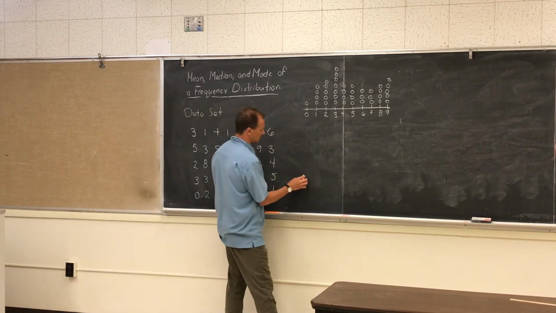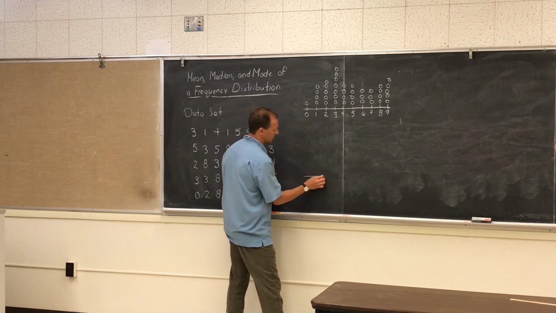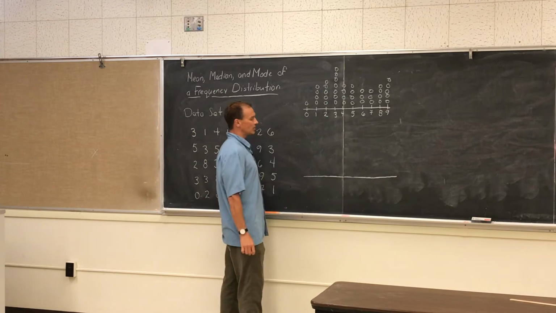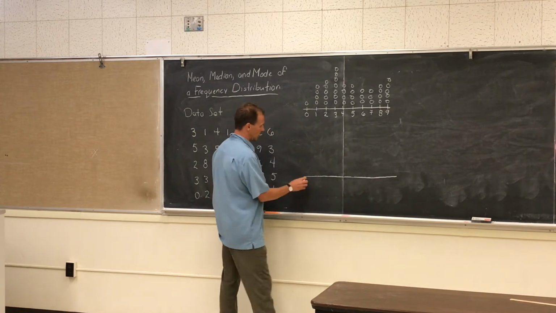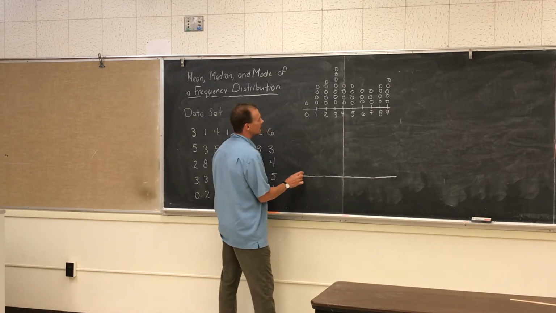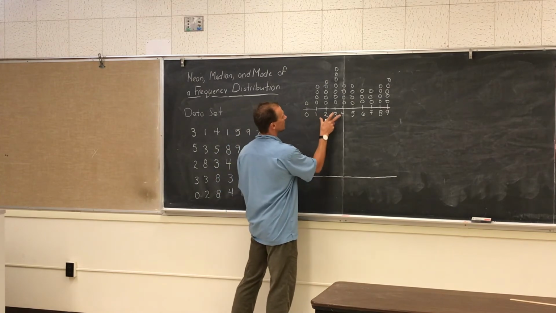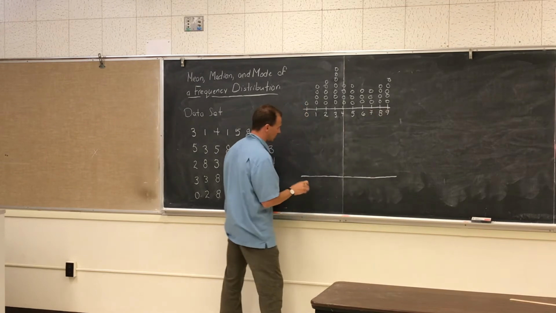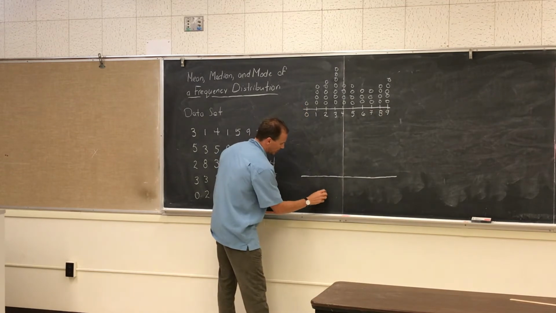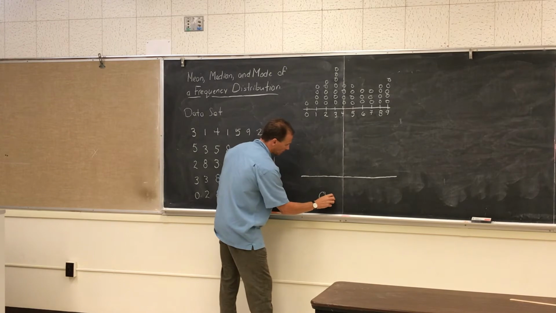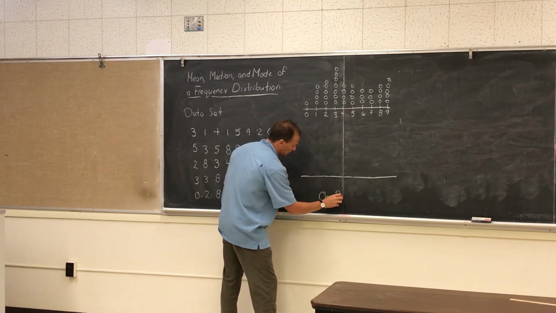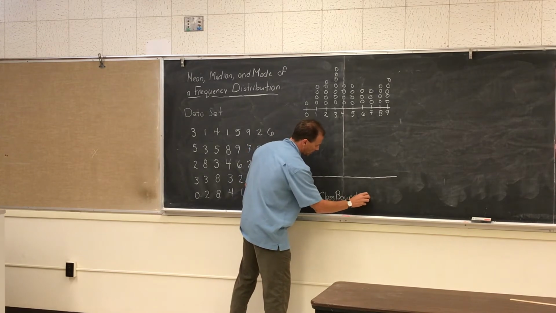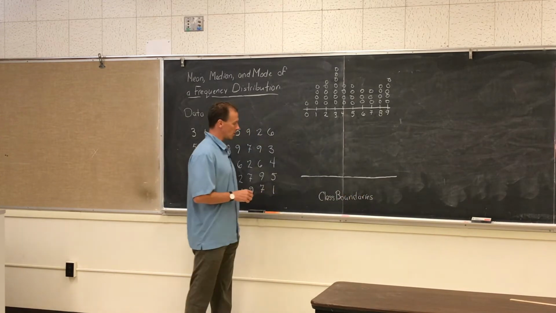Let's check. So I'm going to construct a histogram here right beneath it. And we're going to make a histogram with 5 classes. And we've seen this before. In other words, our bins are going to be 1, 2, 3, 4, 5. So our class boundaries form our horizontal axis.